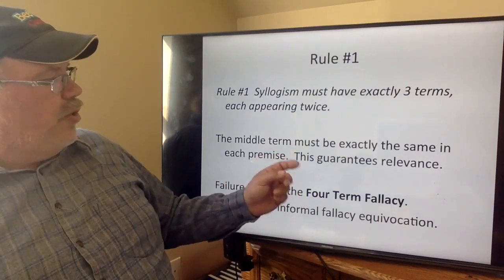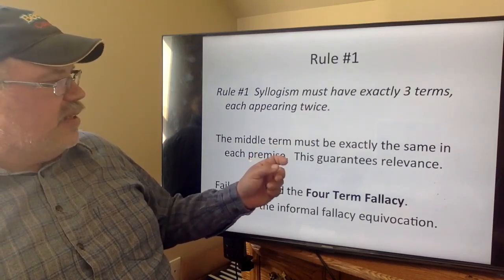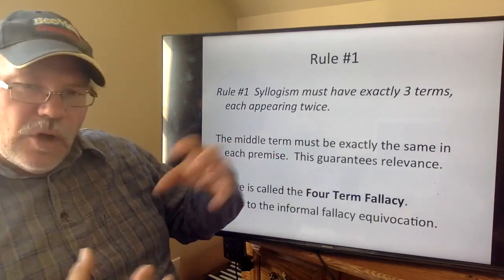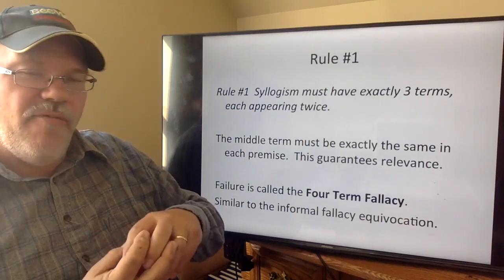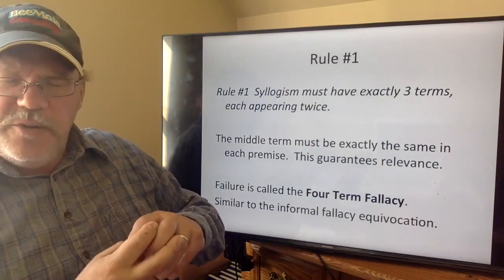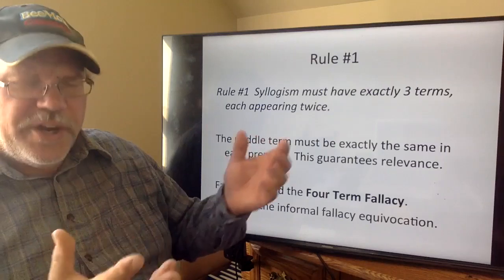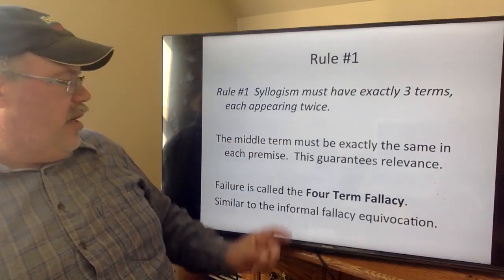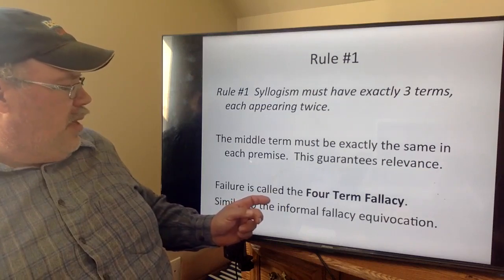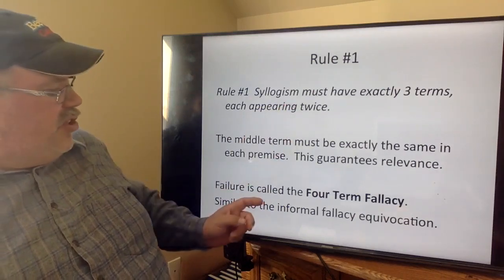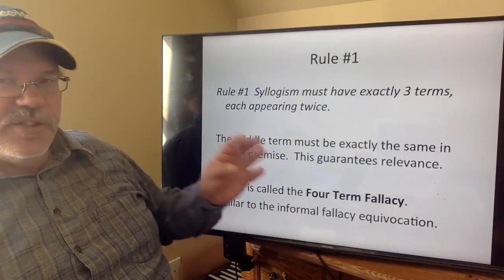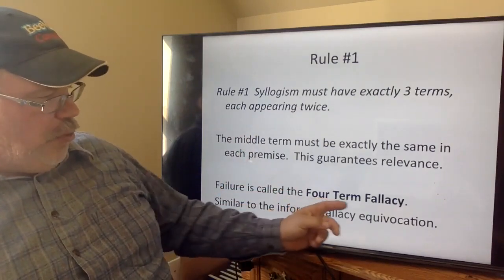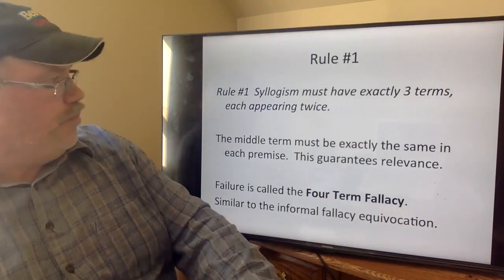But this middle term being exactly the same is how those two premises kind of lock into each other, and you don't have that sort of random element that was so characteristic of the fallacies of relevance, right? And if you don't have this, typically what you have, in fact, is instead of 3 terms, you have 4 terms, and we call that the 4-term fallacy.